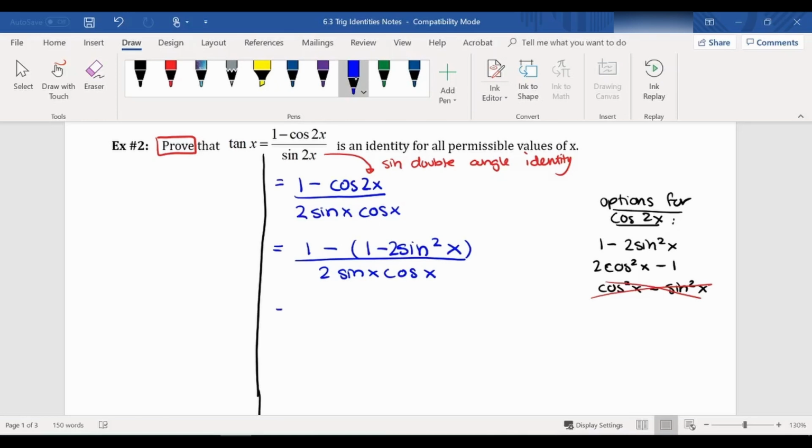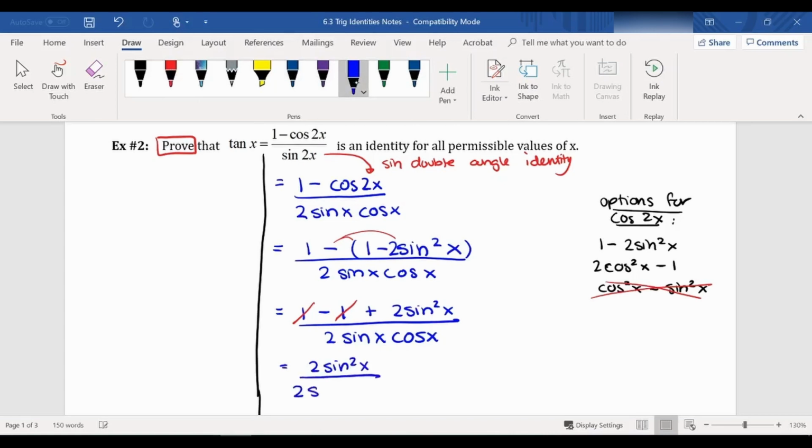Okay. So now I'm going to expand the negative into the brackets here. Okay, you get 1 minus 1 plus 2 sine squared x all over 2 sine x cosine x. Now I've got 1 minus 1 on the top. My 1's cancel out, which leaves me with 2 sine squared x over 2 sine x cosine x.